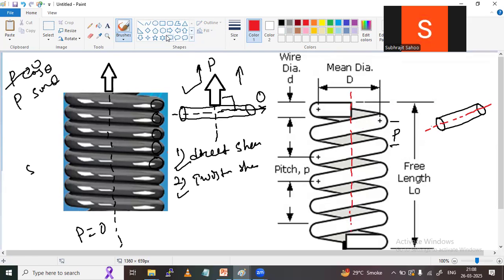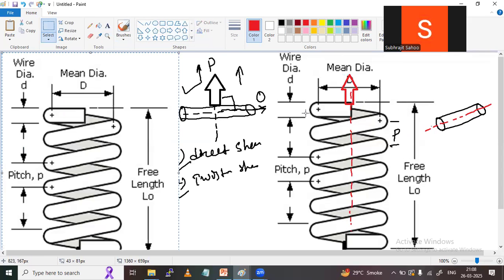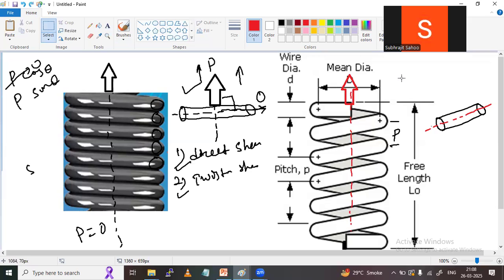And here the load is applied like this, a vertical load. So I draw one coil separately here. Here also the load is applied like this, and this is the axis. Try to understand, it is very interesting.